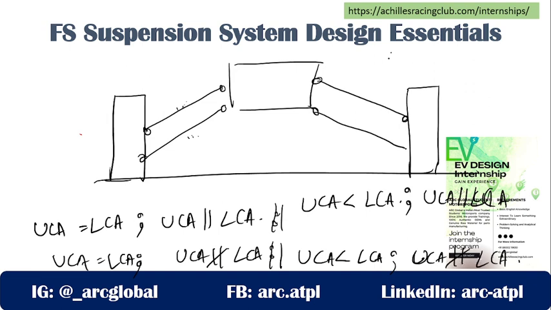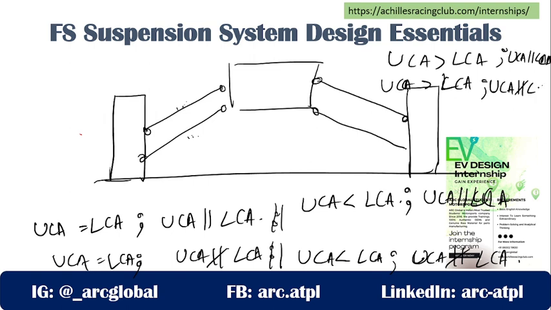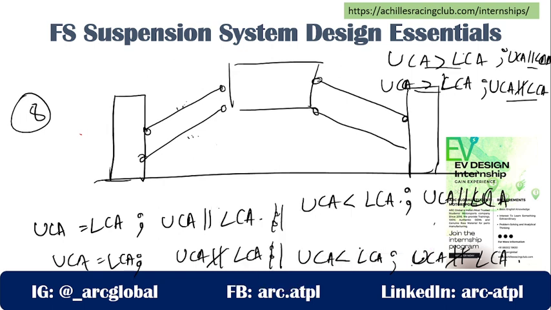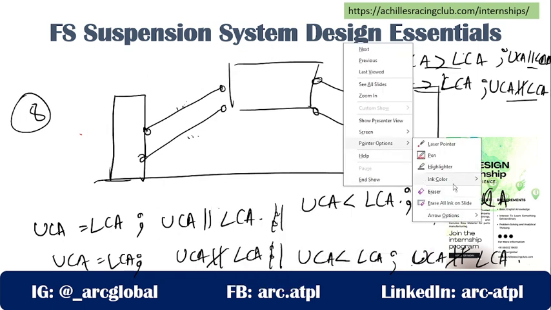The condition could be the upper control arm is greater than the lower control arm, but the upper control arm is parallel to the lower control arm, or the upper control arm is non-parallel to the lower control arm. These are 8 different conditions of how you arrange the suspension system. Each of these will provide different results, different outcomes on how your suspension is going to behave.